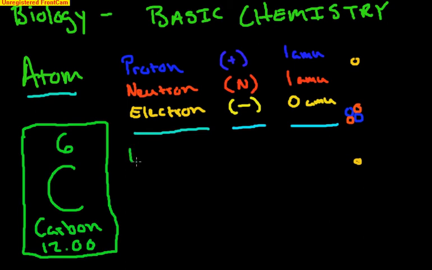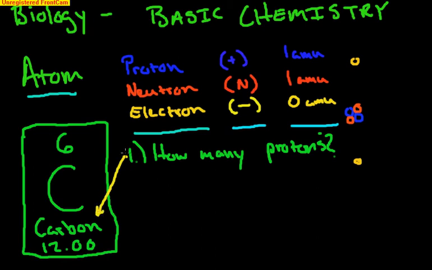Just looking at that, we can figure out a lot of information. The first thing we can figure out is how many protons are in there. Well, that's simple. If I asked you how many protons are in carbon specifically, all you need to do is locate carbon and locate that big number at the top, 6.